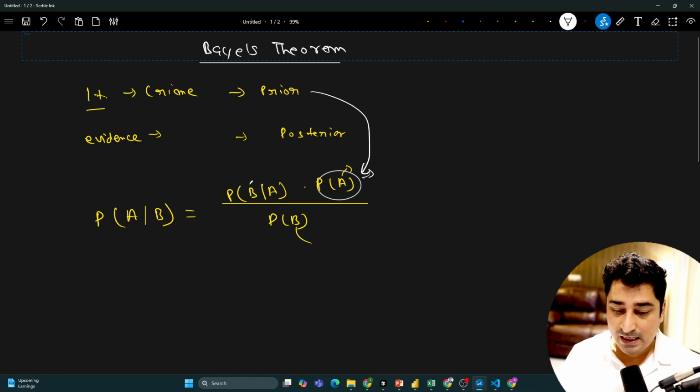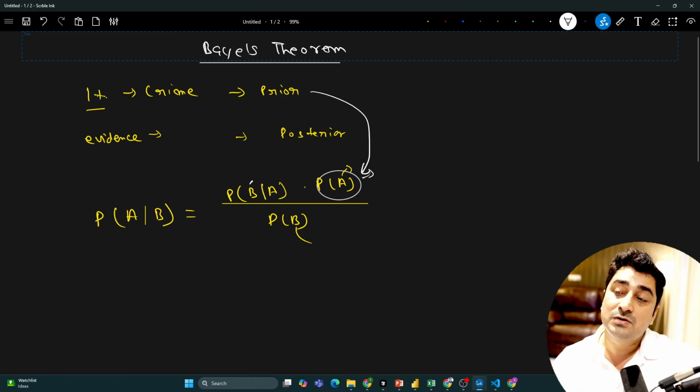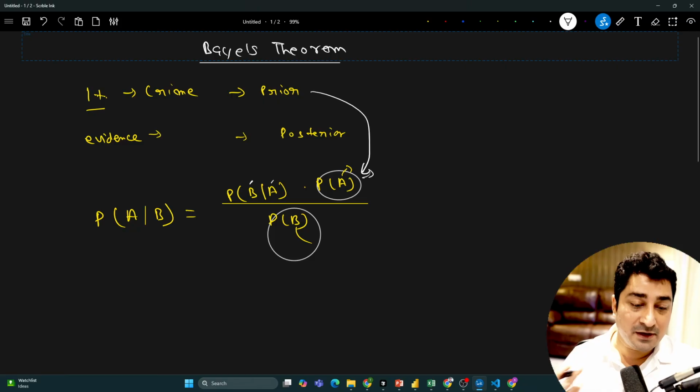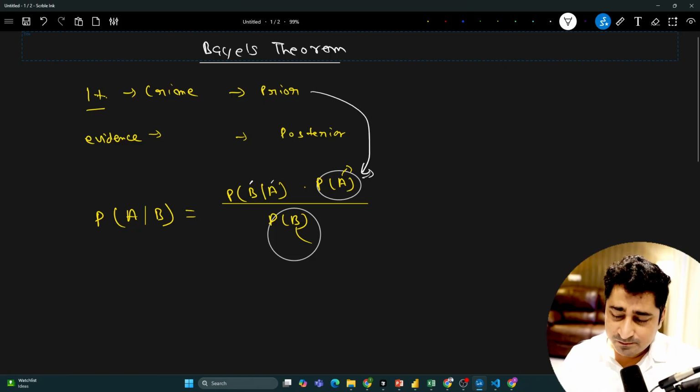Maybe someone has done some sort of manipulation, or something different has happened which I'm not able to find out. So this represents the probability of finding the evidence when the person has committed a crime. It's technically called the likelihood. And here, this is the probability of the evidence, the total evidence, you can say.